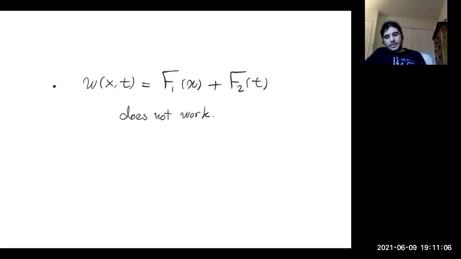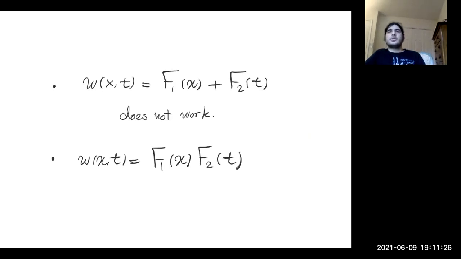So what about now? The second step, which is slightly more interesting, is assuming that this function is not the sum of two functions, but rather the multiplication of two functions, one a function of x, the other a function of t.